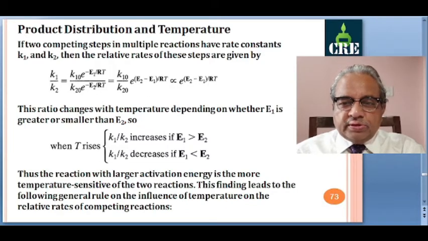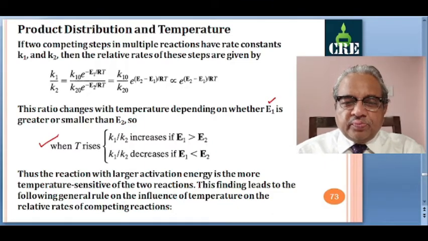So there is a proportionality between this ratio K1 by K2 and the term exponential E2 minus E1 by RT. This ratio will change with the temperature depending on whether E1 is greater or smaller than E2. So if you check, when the temperature rises, if E1 is greater than E2, this ratio will increase. With the rise in temperature, if E1 is less than E2, this ratio K1 by K2 will decrease.